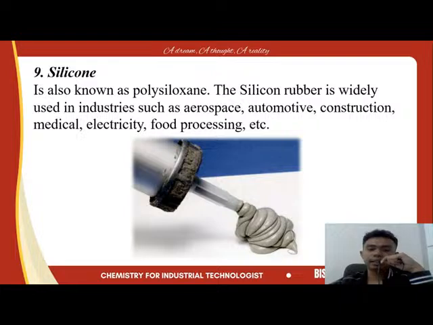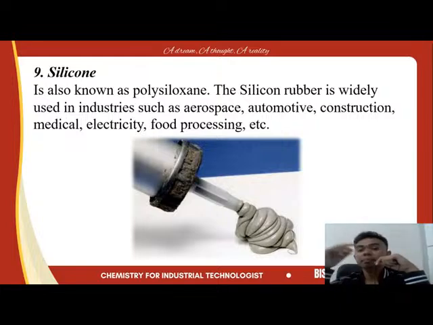For instance, sealants and adhesives made of silicone are used to seal and protect doors, windows, wings, and electrical components in aviation and construction sectors. Due to its non-toxic properties, silicone is often used in the medical sector for implants and drug delivery systems.